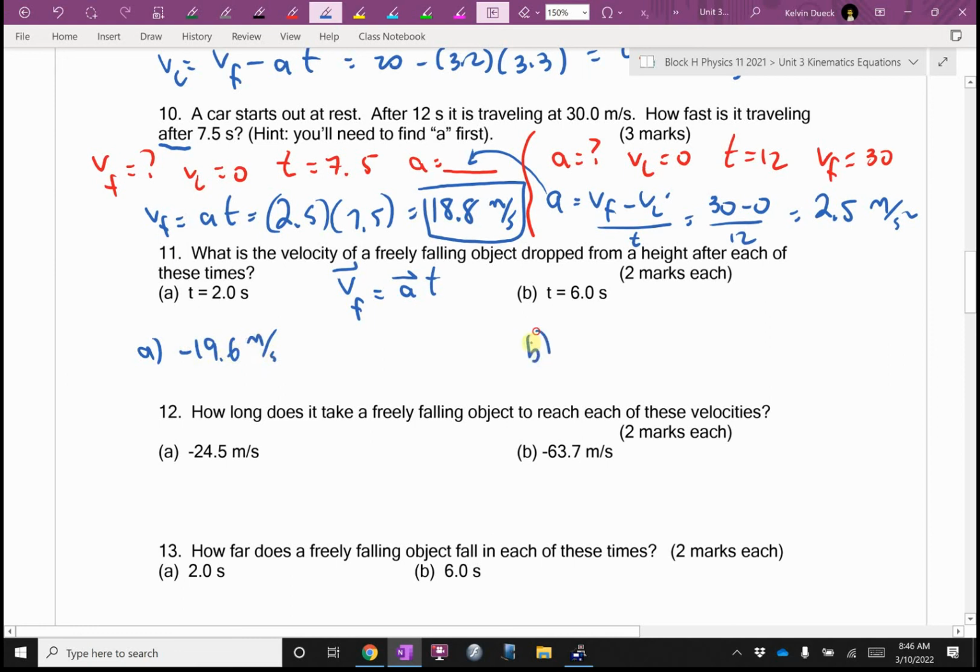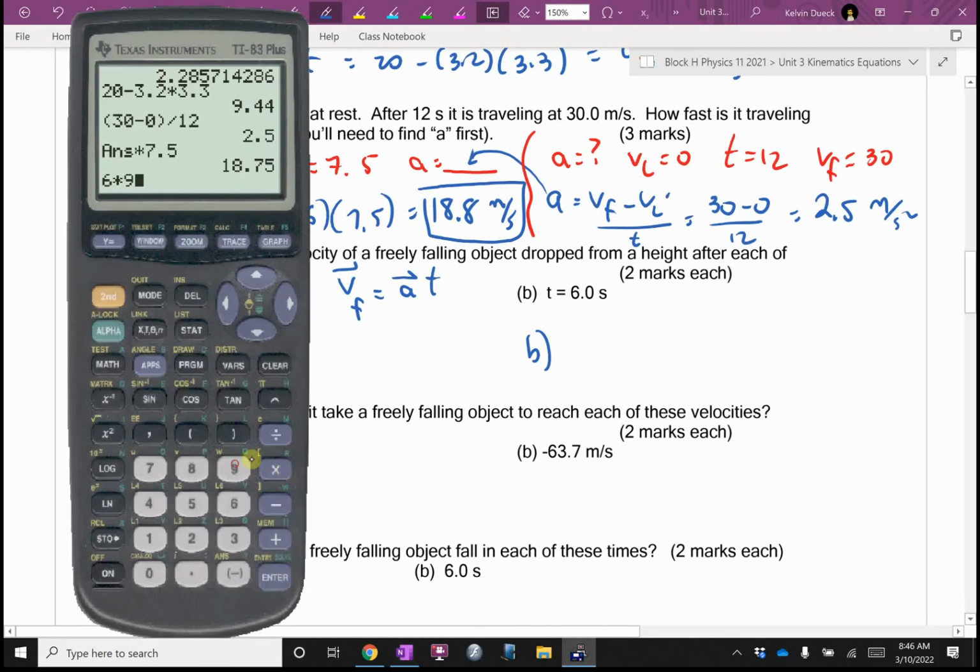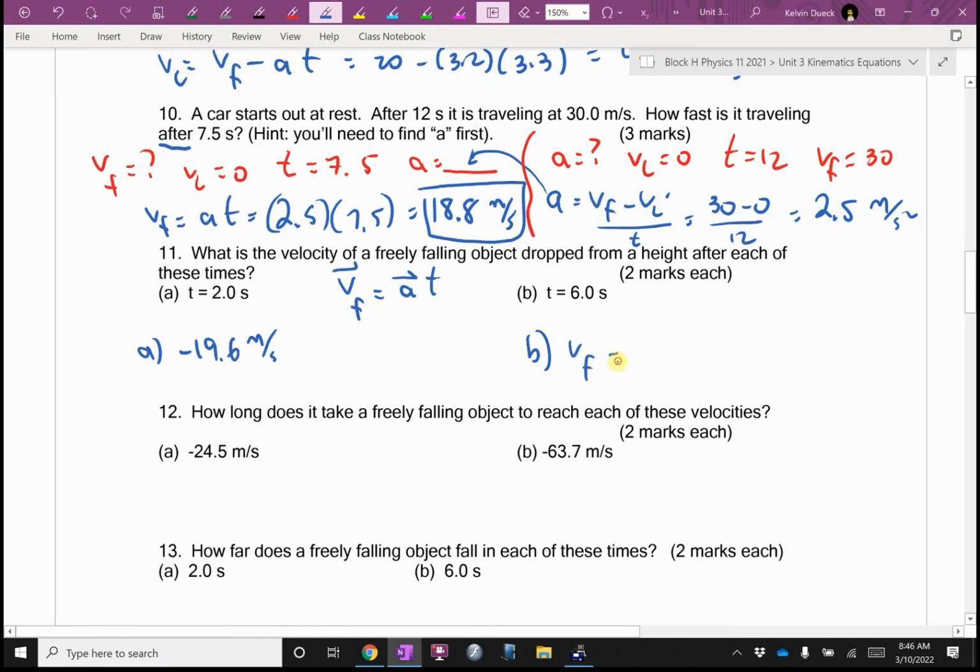And for part B, when you go negative 9.8, because it's in free fall, so I know A is negative 9.8, it's going to be 58.8? No, 58 point, I can't remember. Well, 58.8, I was right? Negative, yes? Yes. Meters per second.